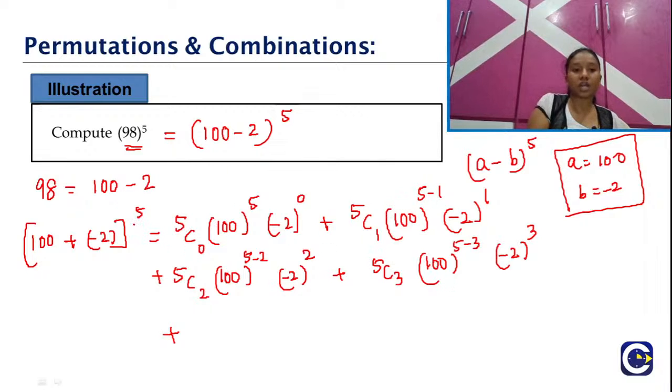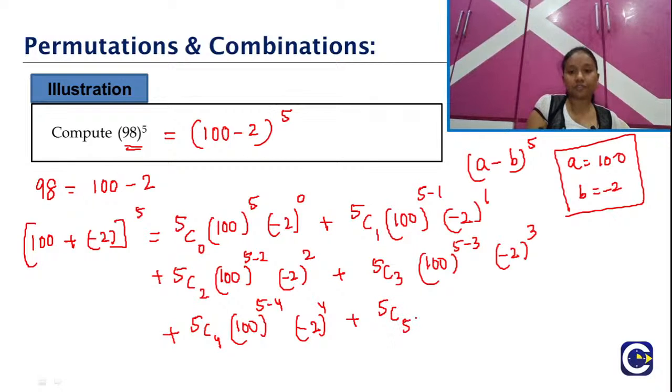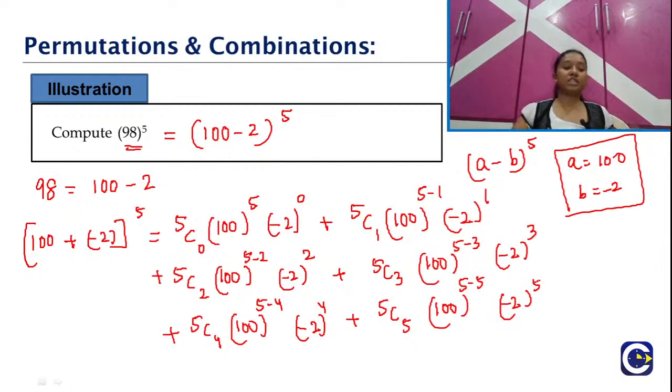So how many more are there? 2 more. So it will be 5C4, 100 power 5 minus 4, and (-2) power 4. And the next, guys, 5C5, the last term, 100 power 5 minus 5 and (-2) power 5. So this will be our entire expansion of (100 + (-2)) whole power 5.